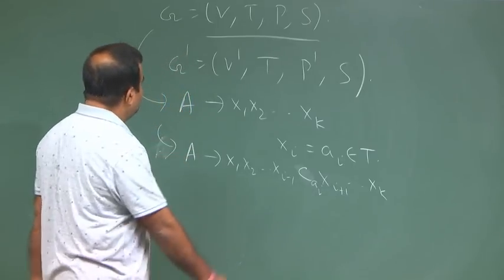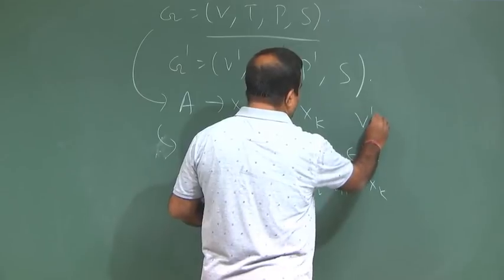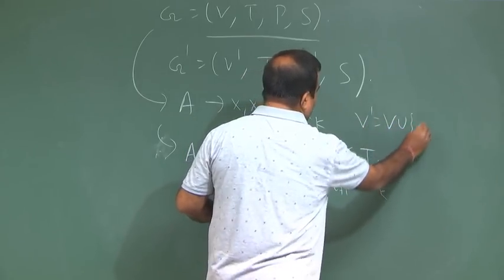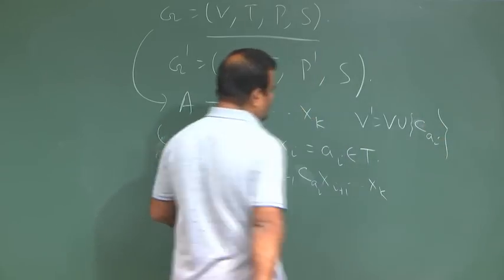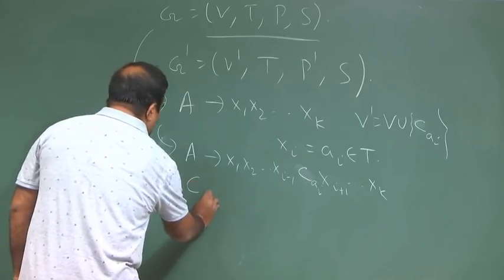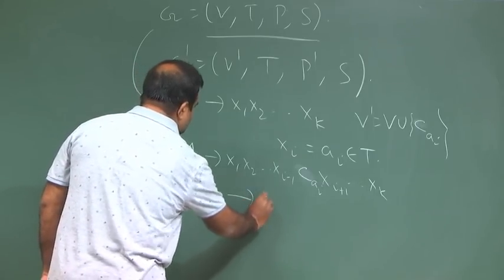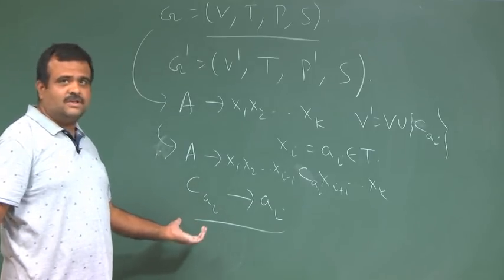So, with C of ai, we have introduced a new variable here. So, our V will now be V prime, which is V union C of ai, some new variable we are going to introduce, and C of ai is going to ai. Okay, this is fine because this is allowed in the CNF.